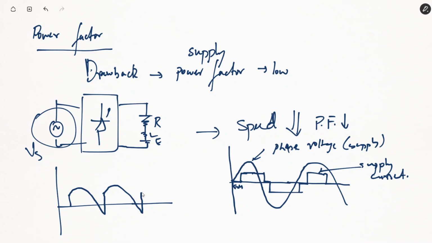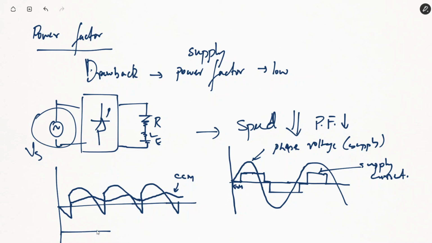Earlier waveform I had drawn was for a diode bridge rectifier. So for a thyristor based rectifier, the load voltage will be something like this. Current will be rising in the positive half cycle and it will be falling in the negative half cycle. Rising, when the inductor discharges, at that time the current will decrease, but the current is more or less continuous in nature, and the larger your inductor, the more it will take the shape of a DC waveform.